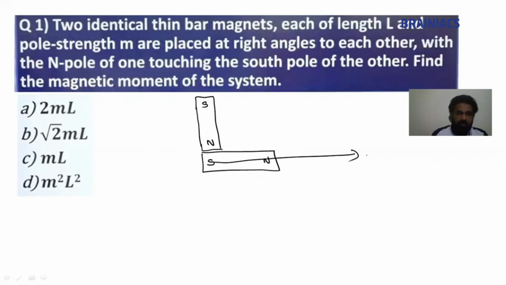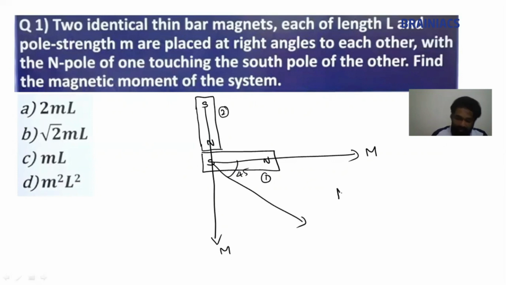This is the magnetic moment of the first bar magnet, and this is the magnetic moment of the second bar magnet. They are identical, so both moments are the same, and the resultant is going to be at 45 degrees because both are the same.